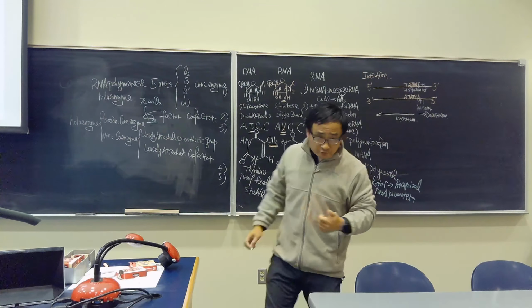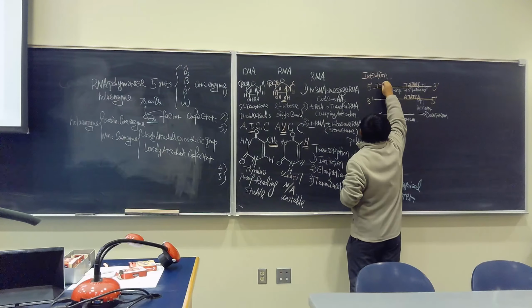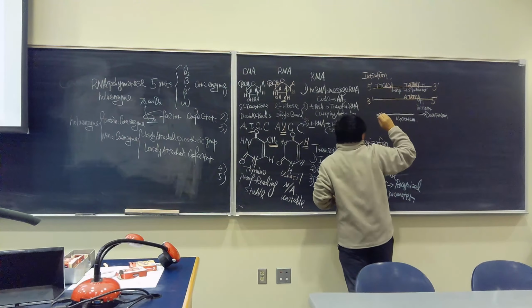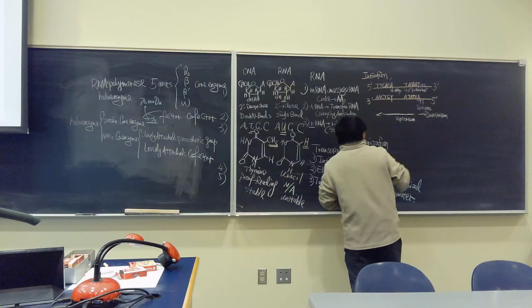Then further upstream, about 16 to 18 base pairs away, there is another sequence, TTGACA, and based on complementary pairing, the other strand is AACTGT.